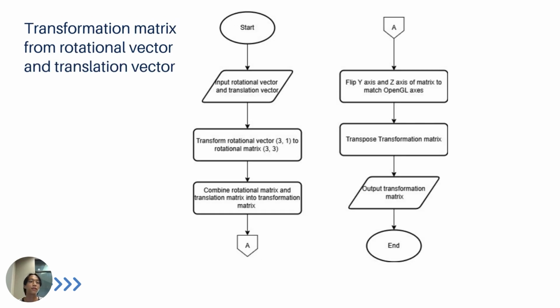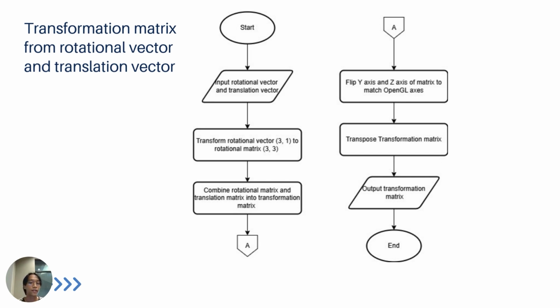Now here's the flowchart of changing from the rotational vector and the translation vector into the transformation matrix. Firstly, when there's an input of the rotational vector and the translation vector, the rotation vector will first transform its shape from 3 by 1 into a 3 by 3 rotational matrix.